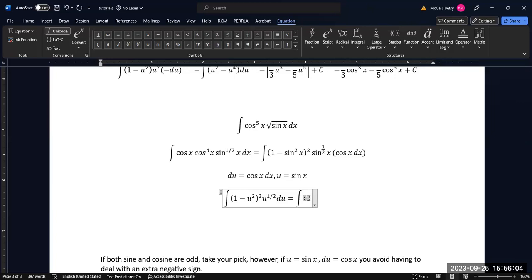It's a little bit less work because u is a lot easier to write than sine of x, and it's algebraically a little bit simpler. Now, let's see, foiling this out. Remember, you can't distribute powers. You have to use the perfect square binomial rule. So this will become 1 minus 2u squared plus u to the fourth, and we're still being multiplied by u to the 1/2.